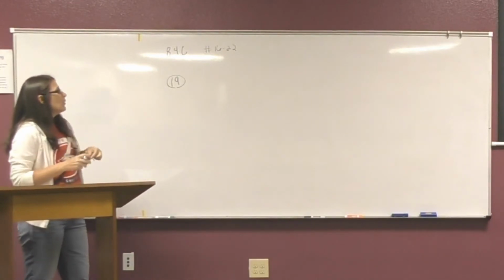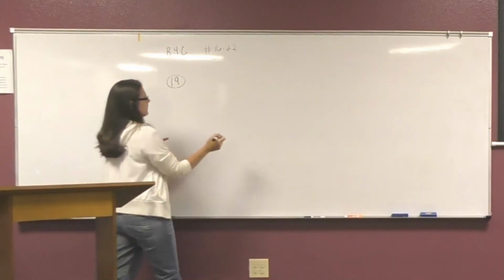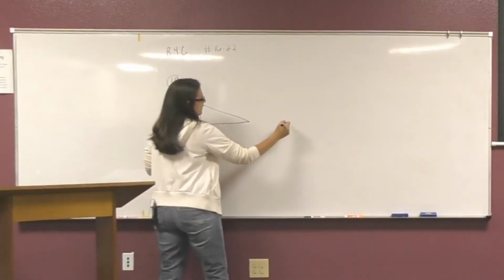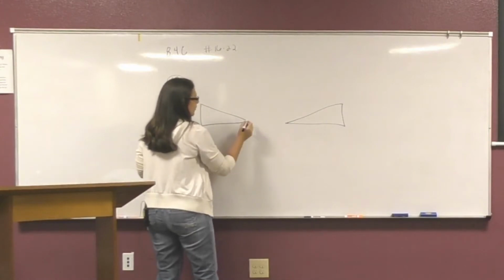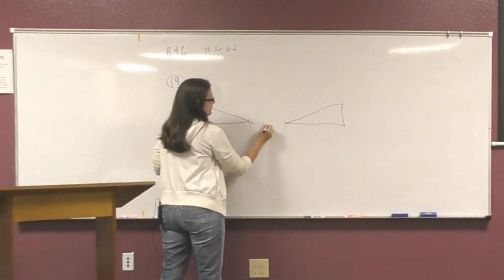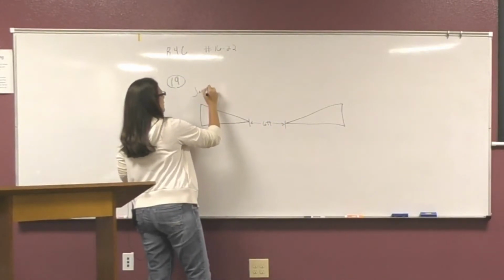So we have 2 ramps going opposite directions. We know that the ramps are 6 feet apart. So the distance from here to here is 6 feet. And we've got Jared right here.